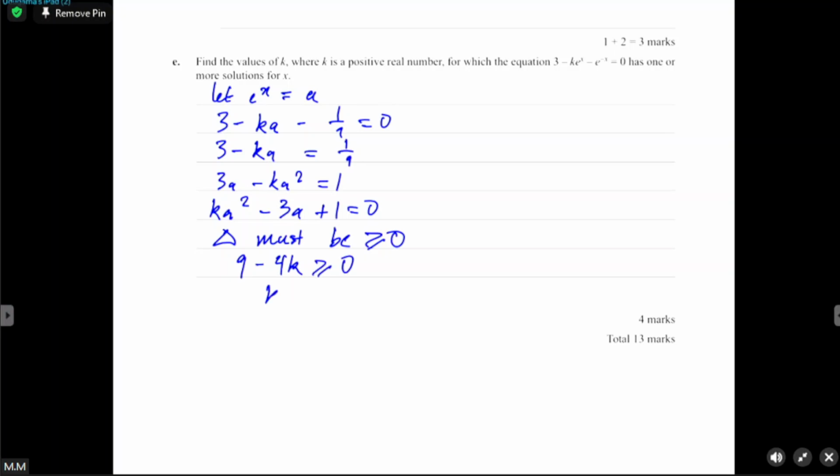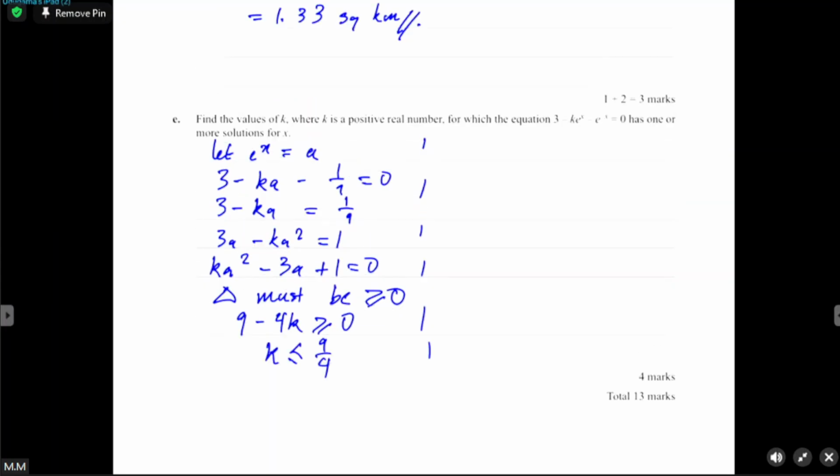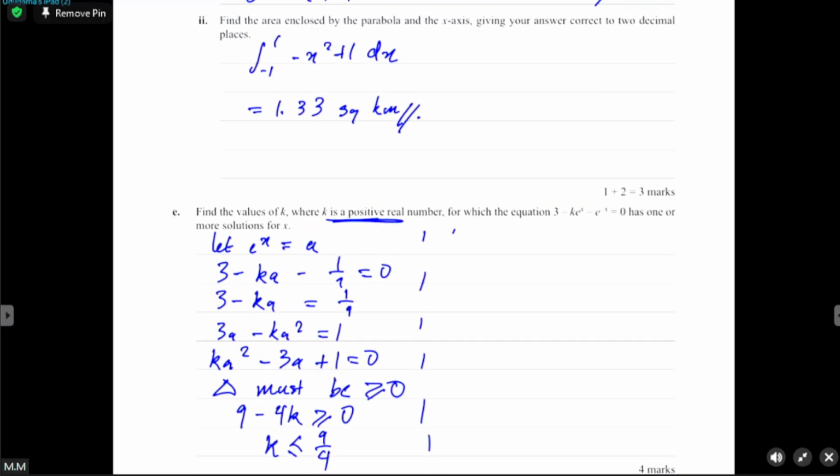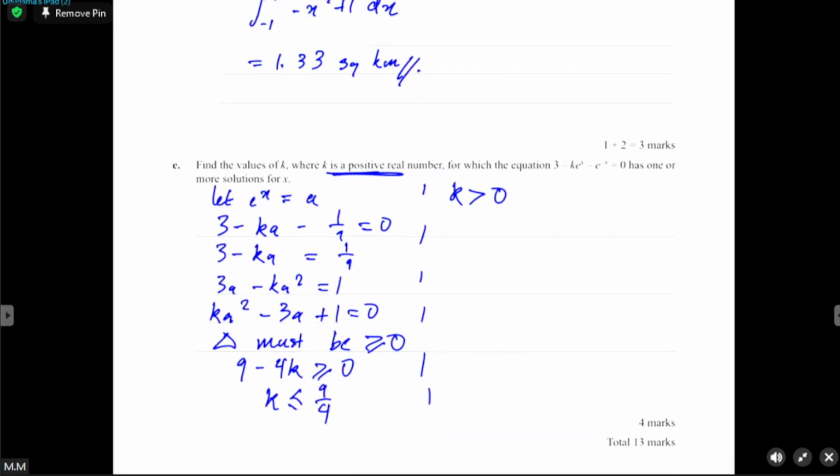And you get k is less than or equal to 9 over 4. But it's not just that. k is a positive real number, so k is also greater than 0. So then you get 0 is less than k, which is less than or equal to 9 over 4.